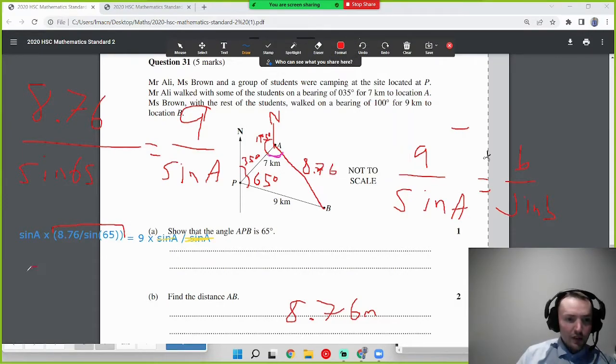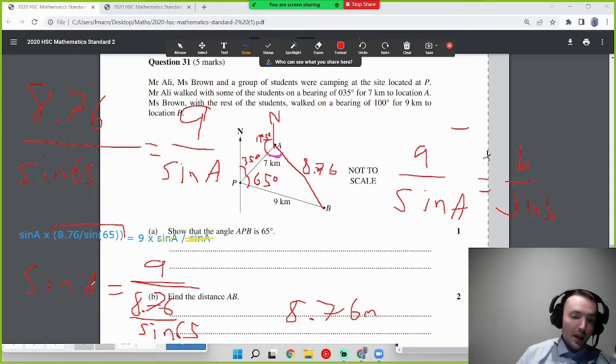So what I'm going to write is sine A equals 9 over 8.76 divided by sine 65.